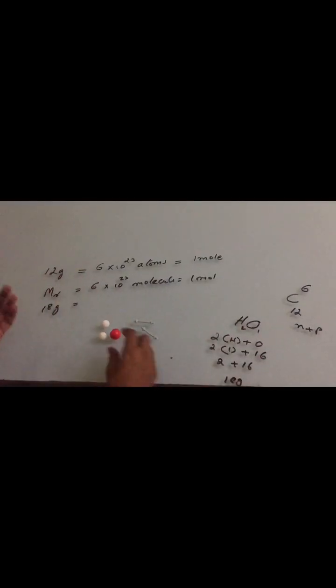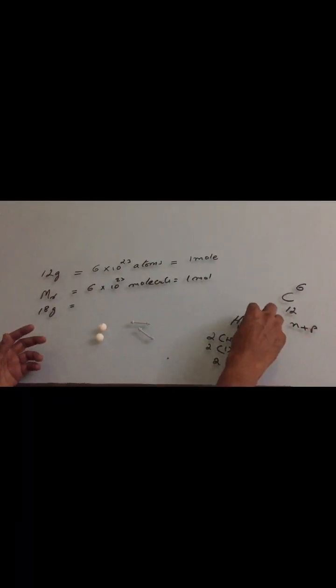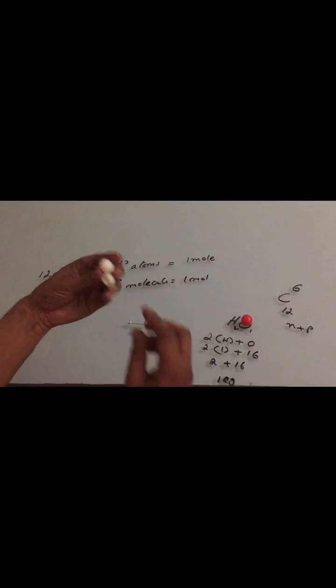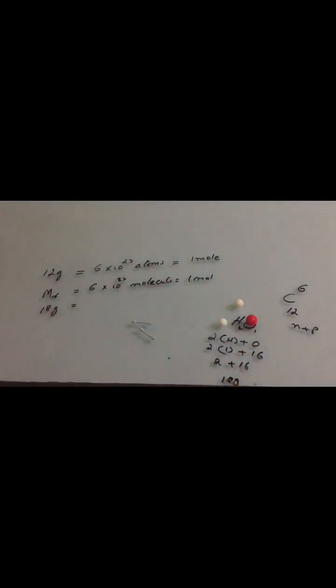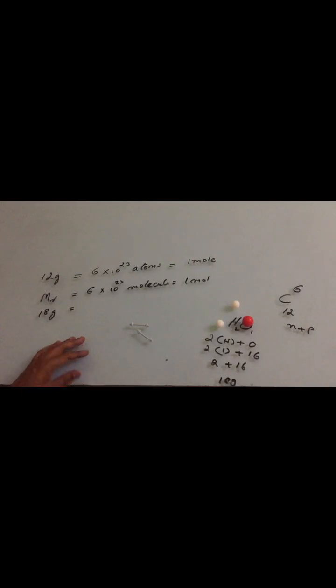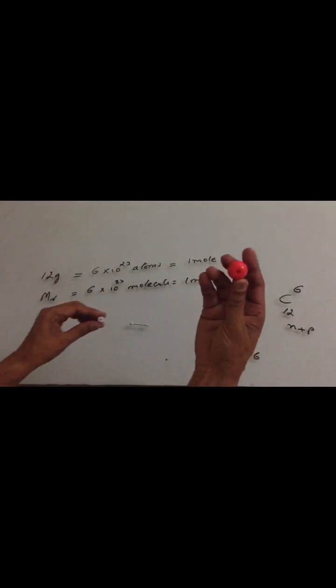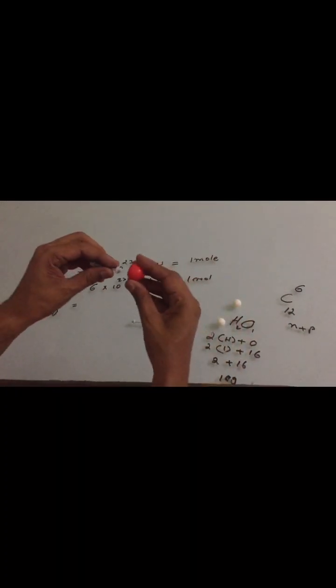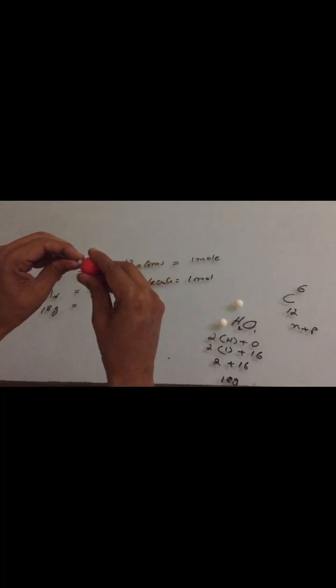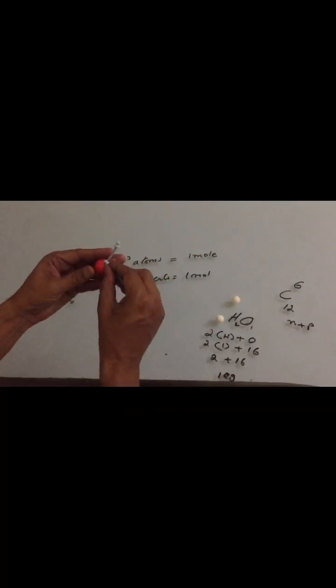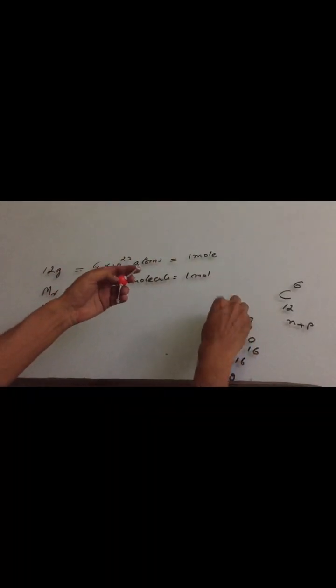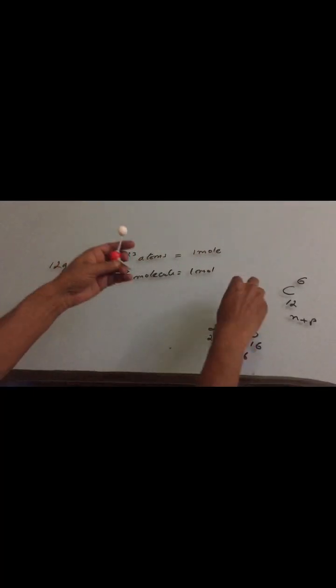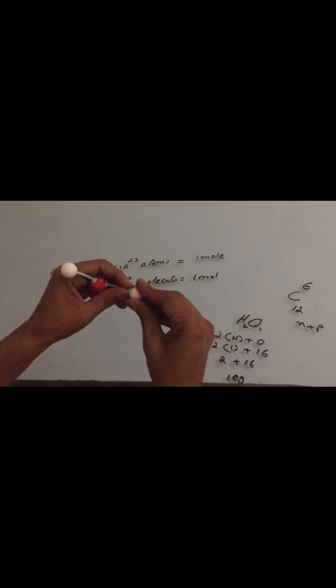I will show you the molecule of water. 1 oxygen is there, and 2 hydrogens are there, linked with covalent bonds. Oxygen will make 2 bonds because 2 holes are there, one for each hydrogen.